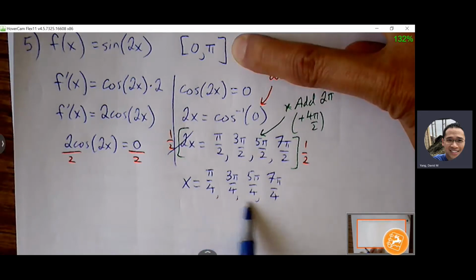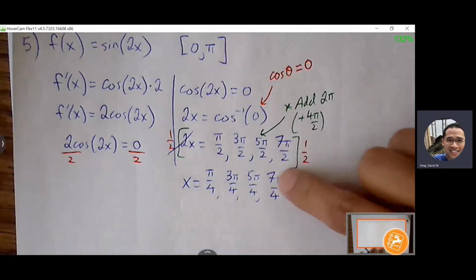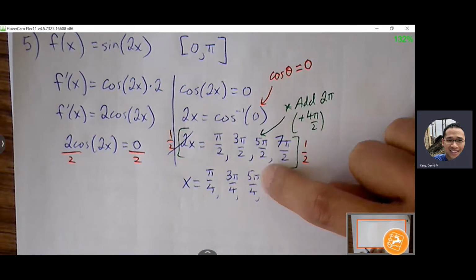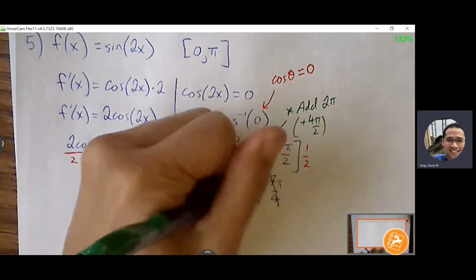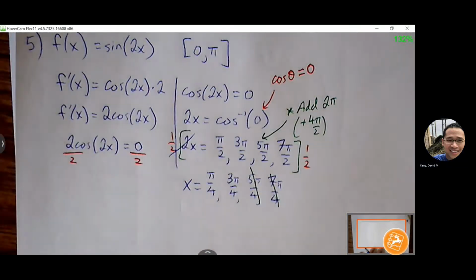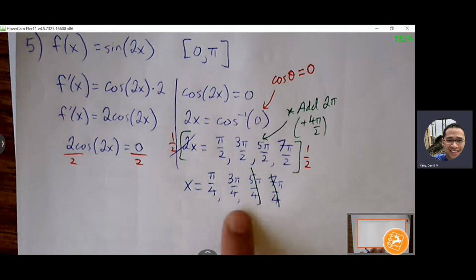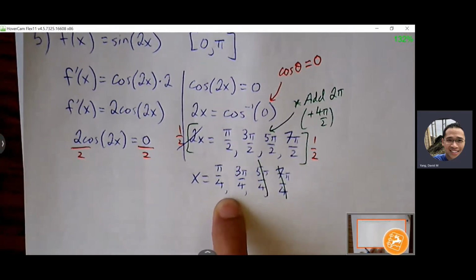So are any of these values greater than pi? Yeah, 5 over 4 is greater than 1, and so is 7 over 4. So I always like to eliminate values outside the interval, so that gives me reassurance that I didn't accidentally not go far enough, right? So I have two critical points, pi over 4 and 3 pi over 4.